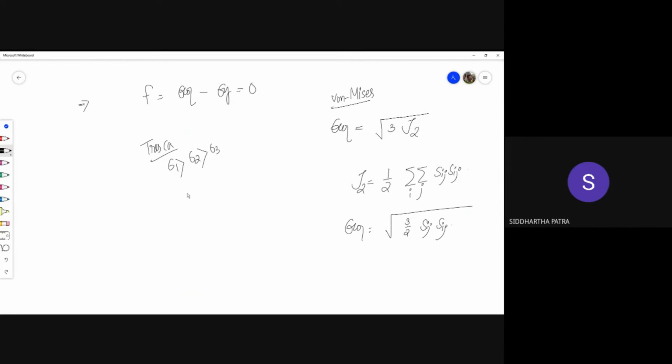So the maximum shear stress is sigma 1 minus sigma 3 by 2. Okay, and sigma y is twice tau y.